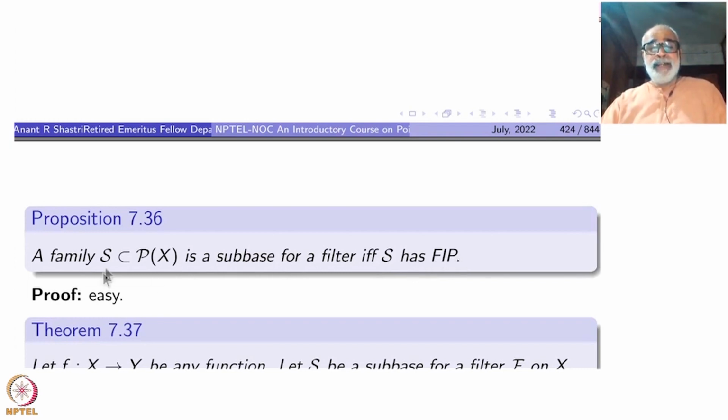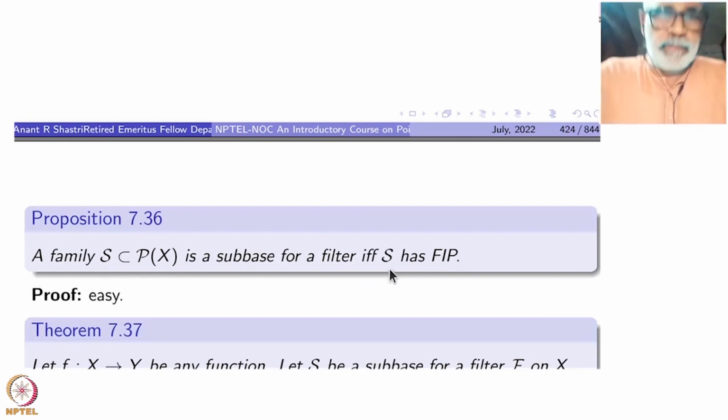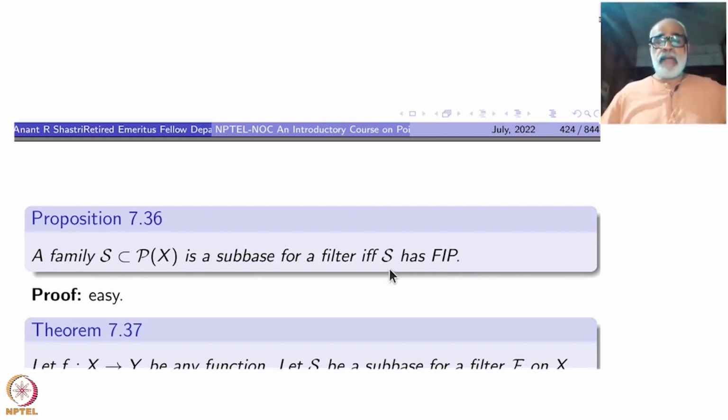Once again, you may be confused. If S is the empty set, it has the finite intersection property, because the only finite family there is the empty family. The empty family intersection is the whole set. That is not empty.